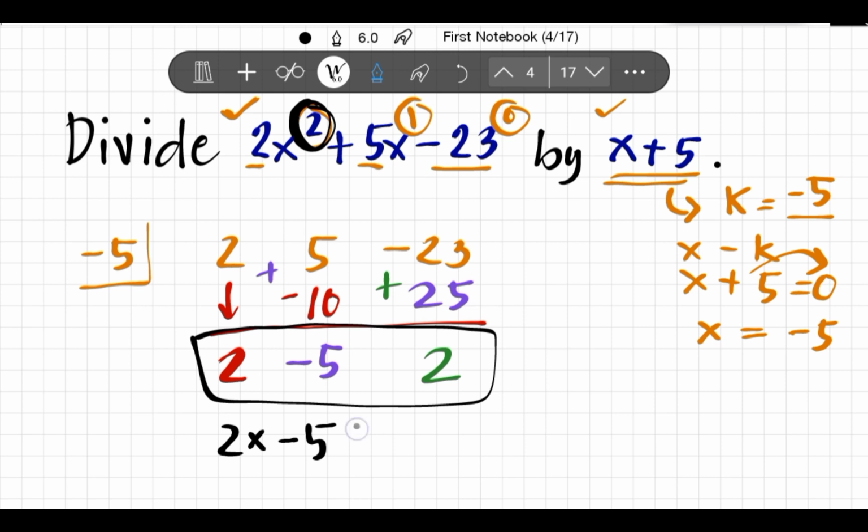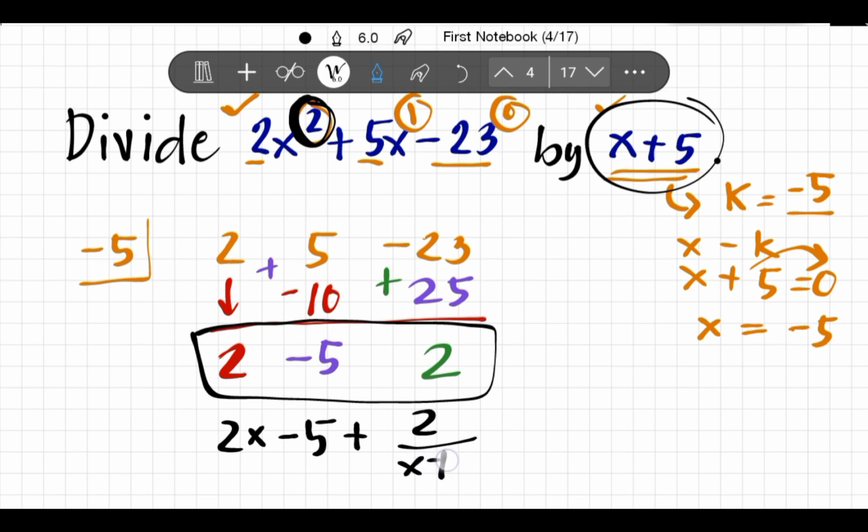So you have here plus 2 over the given divisor x plus 5. Therefore, the quotient is 2x minus 5 plus 2 over x plus 5. So this is now the quotient.